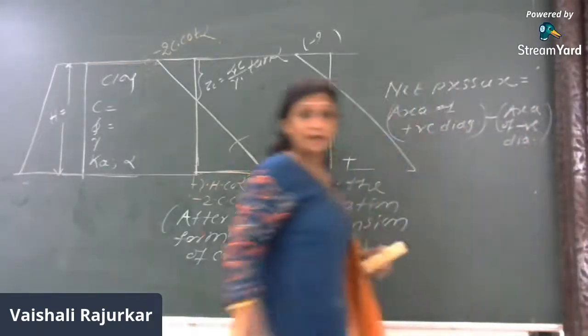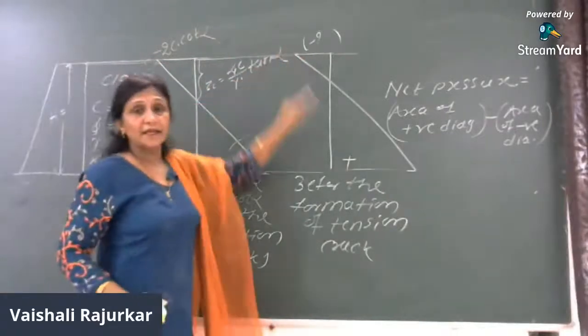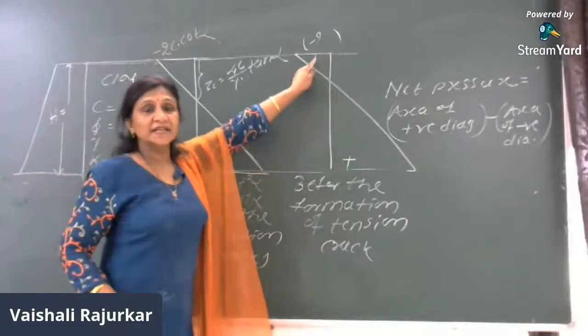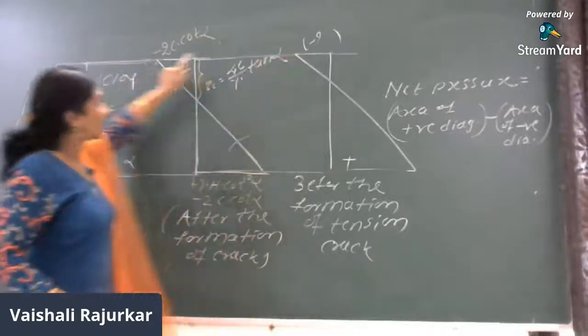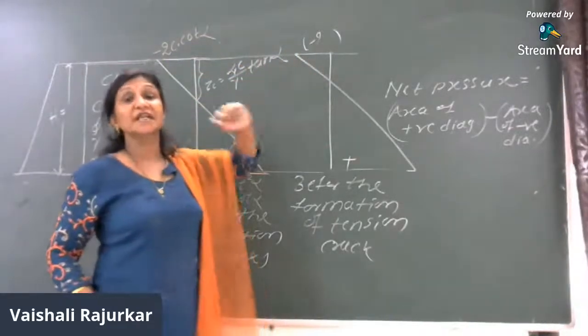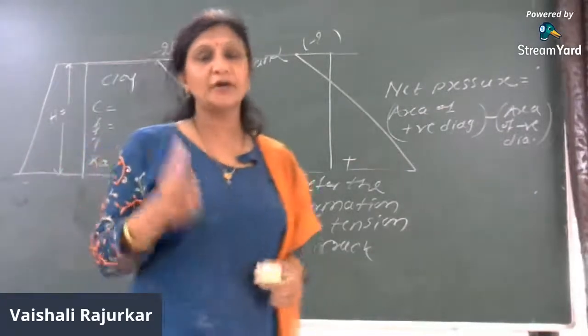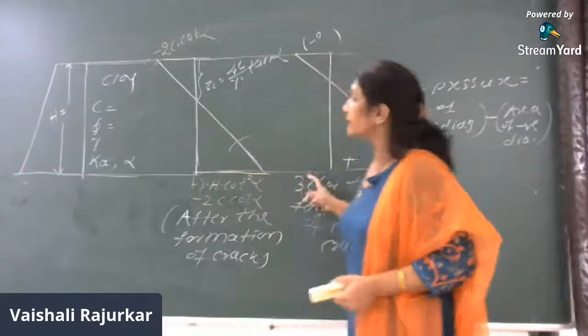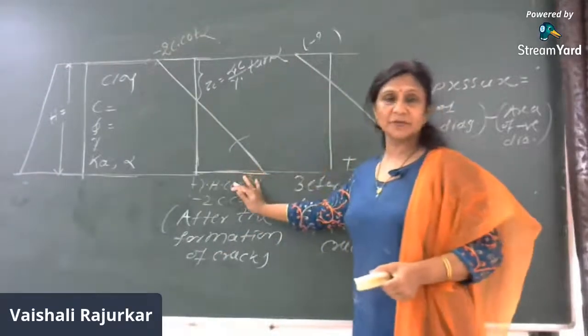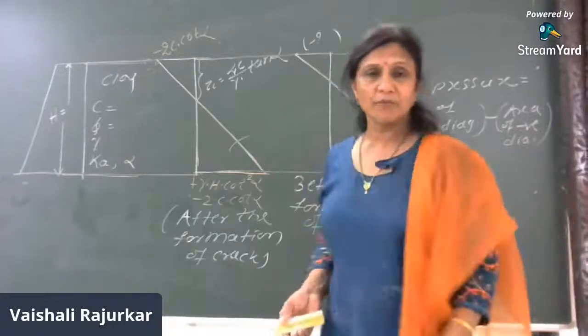Means here we are considering both the areas. ये भी लेना है, ये भी लेना है. Means here there is a complete negative pressure, and here the negative pressure is yet to act. Means a small net pressure is acting, and always remember that this net pressure is less as compared to the positive pressure. Means once the cracks are getting formed, the pressure will be more.